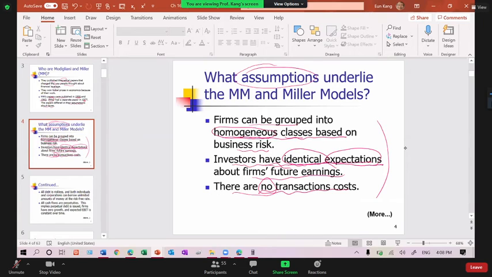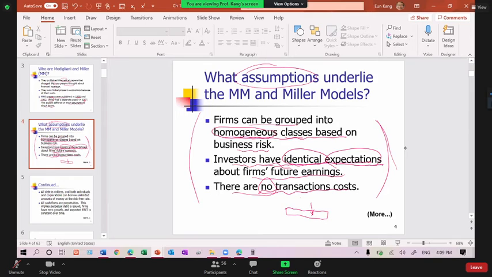So they simplified the world to get a clean outcome, but without that simplification, a clean outcome is impossible, because real life is very sophisticated. You cannot explain real life with just one equation or one theory. Okay, so that's why.